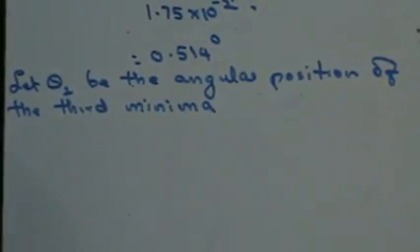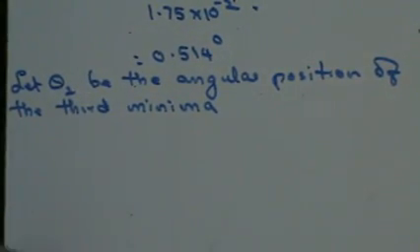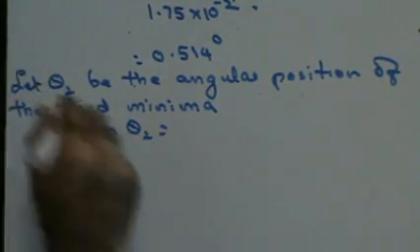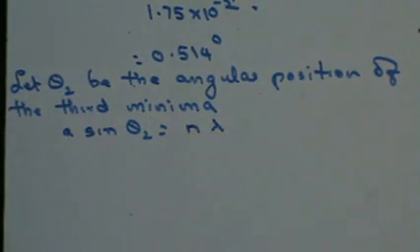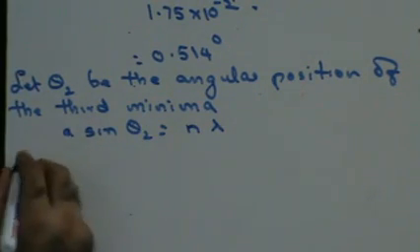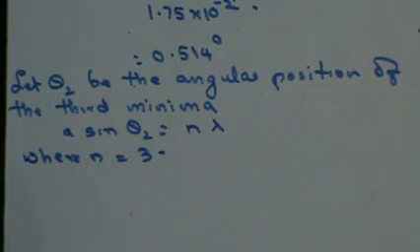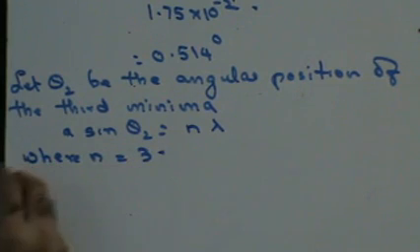For minima, the formula is a sin theta 2 is equal to n lambda. Since it is third minima, n will be equal to 3.